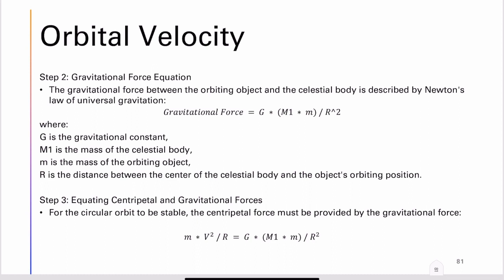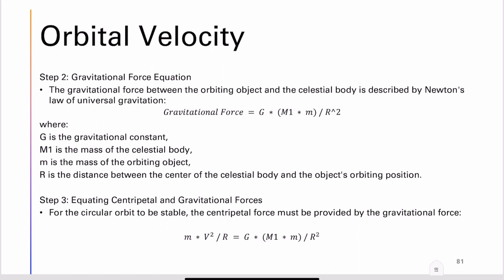We know this gravitational force should be equal to the centripetal force. The gravitational force is given by F is equal to G m1 m divided by r square, where m1 is the mass of the primary object, m is the mass of the satellite or the secondary object, G is the gravitational constant, and r is the distance of separation between them.